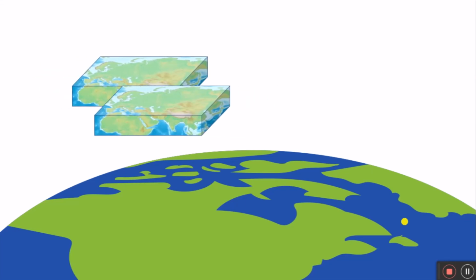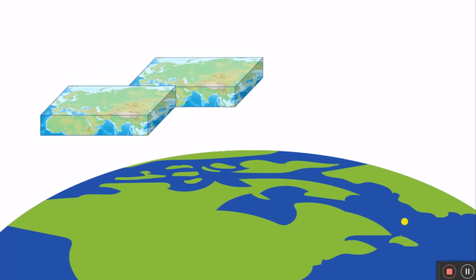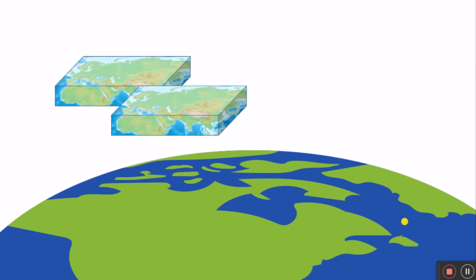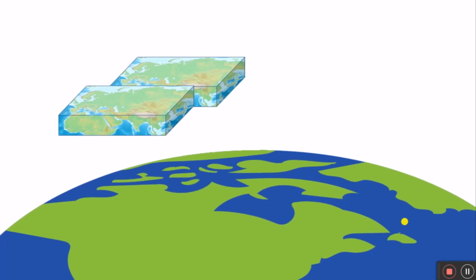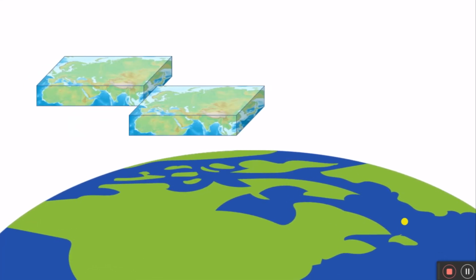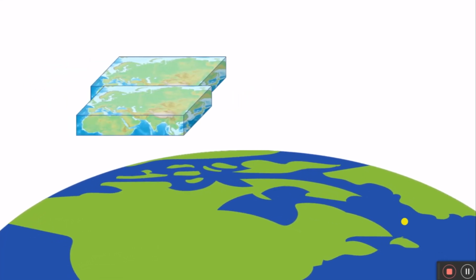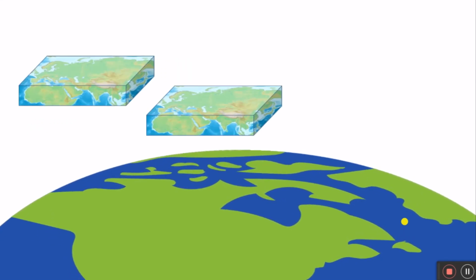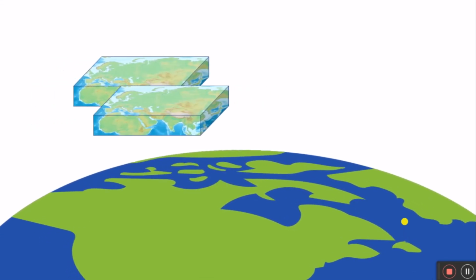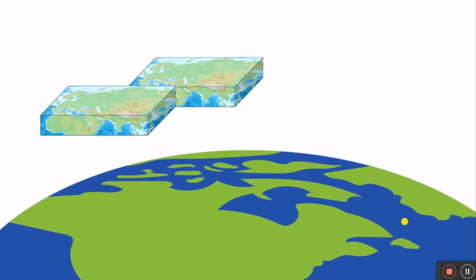Transform faults occur across a spreading center. Strong earthquakes can occur along a fault. The San Andreas Fault in California is an example of a transform boundary.